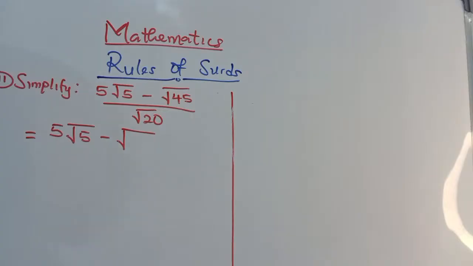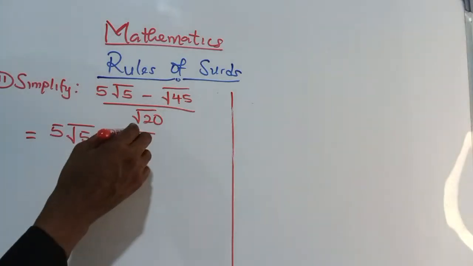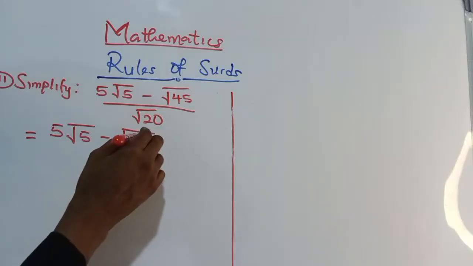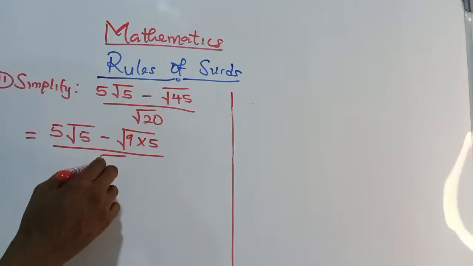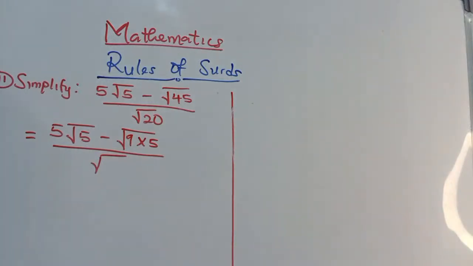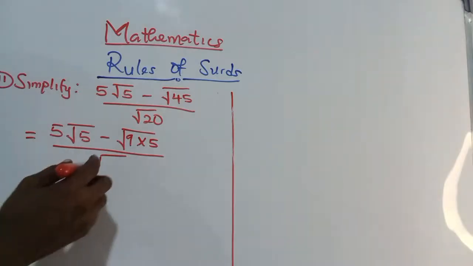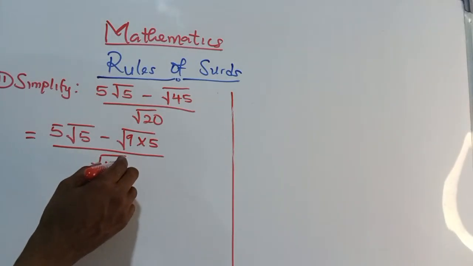And the perfect factors to use is 9 times 5. 9 times 5 will give us 45. Okay, so also for 20, factors of 20 that have one of them to be a perfect square number is 4 times 5. 4 times 5 will give us 20 because 4 is a perfect square number.